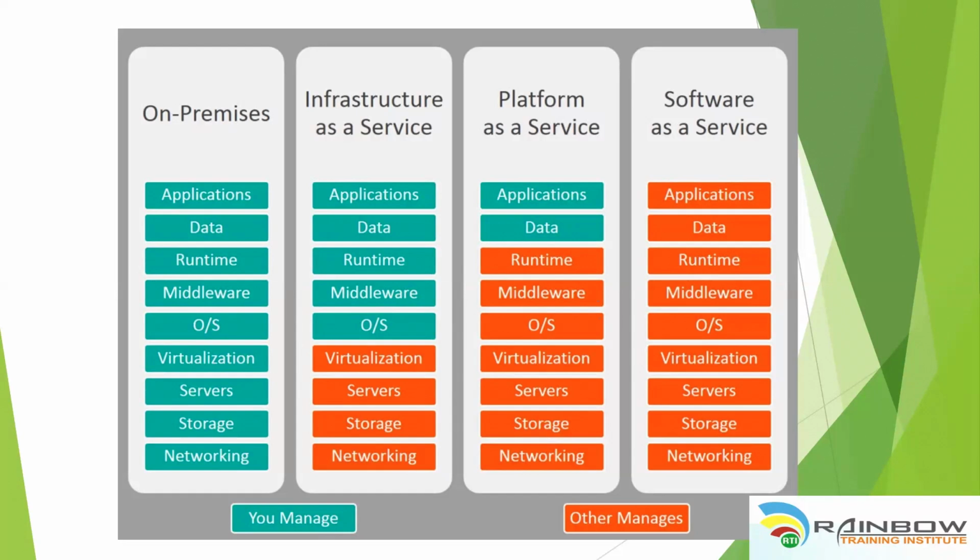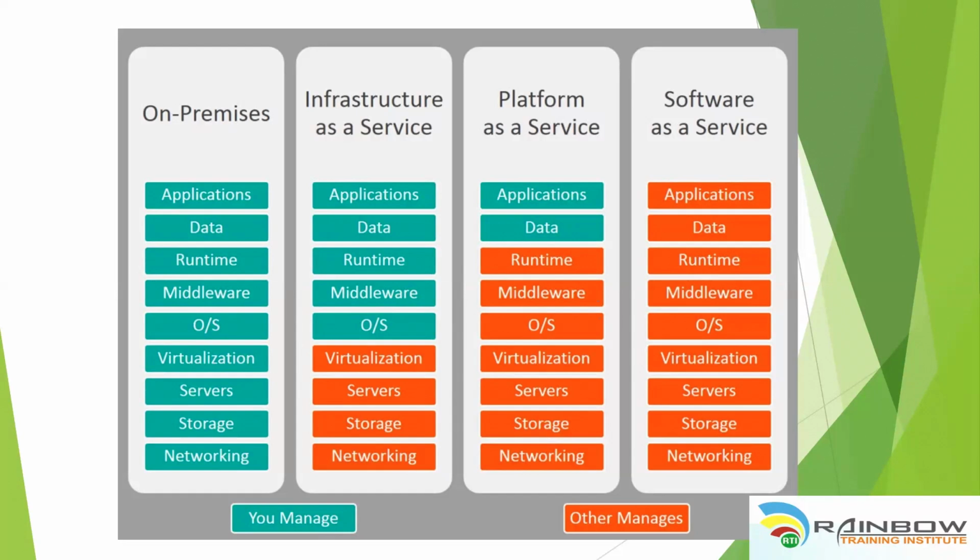Whereas coming to platform as a service, here you can basically create your own applications. You can build your applications, but you don't have any control over hosting-level or server-level information. You have control of your own application, whatever you're building, and full control over the data you are injecting.